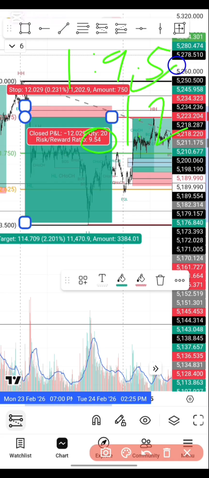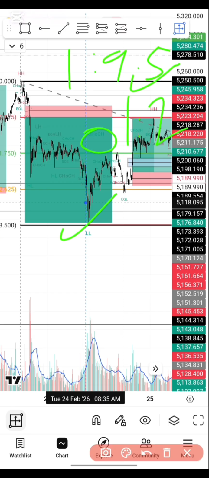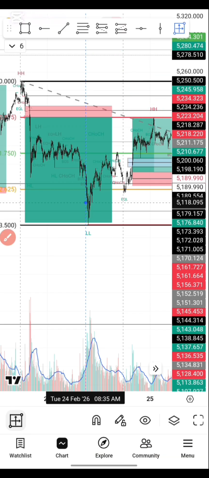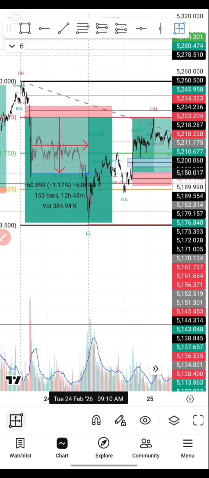The pip value is 750 pips, and that would have been a 2% decrease in price. So that would have been a very massive trade, but I didn't take that trade. You can even measure the pips with this tool, by dragging it down.